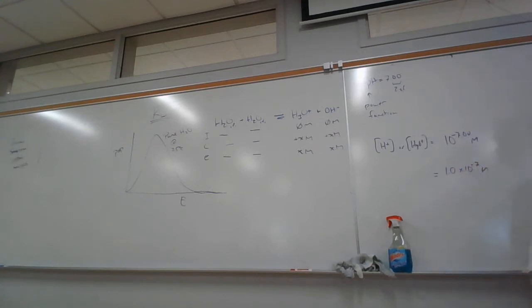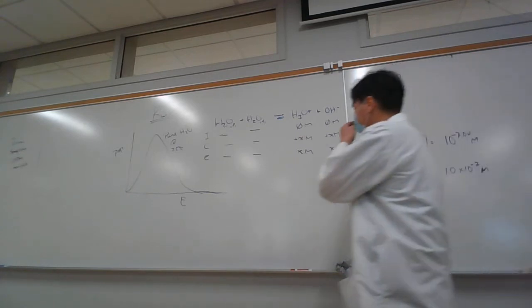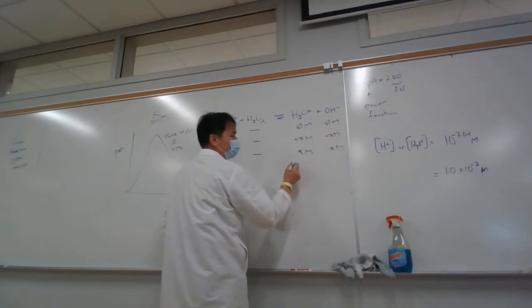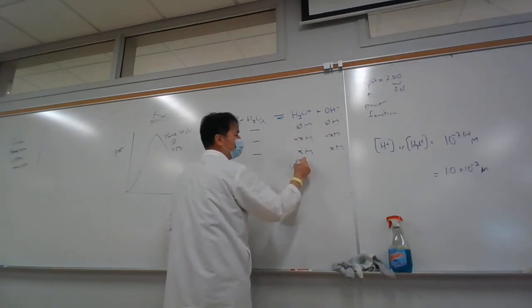If I punch it out in my calculator, that's what I get. So the power of the hydrogen ion concentration, actually it's the negative power because the power is minus 7. And so from the pH measurement, we see the concentration of hydronium is 1.0 times 10 to the minus 7 molar.